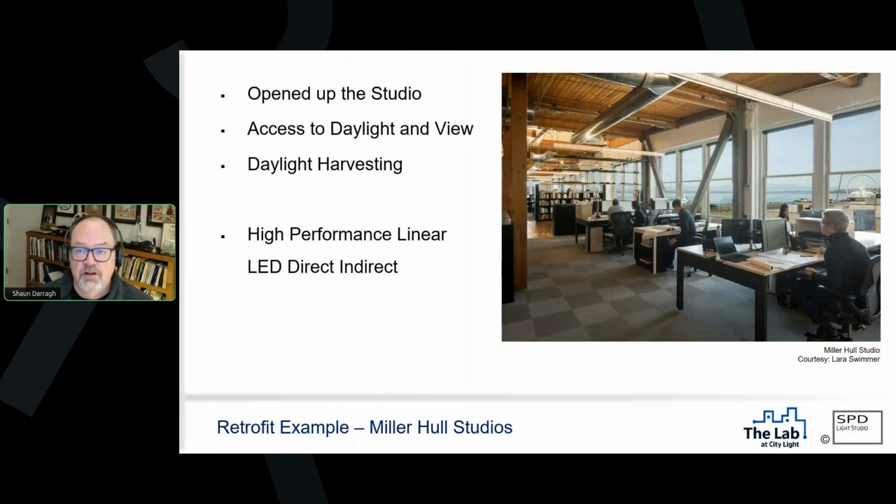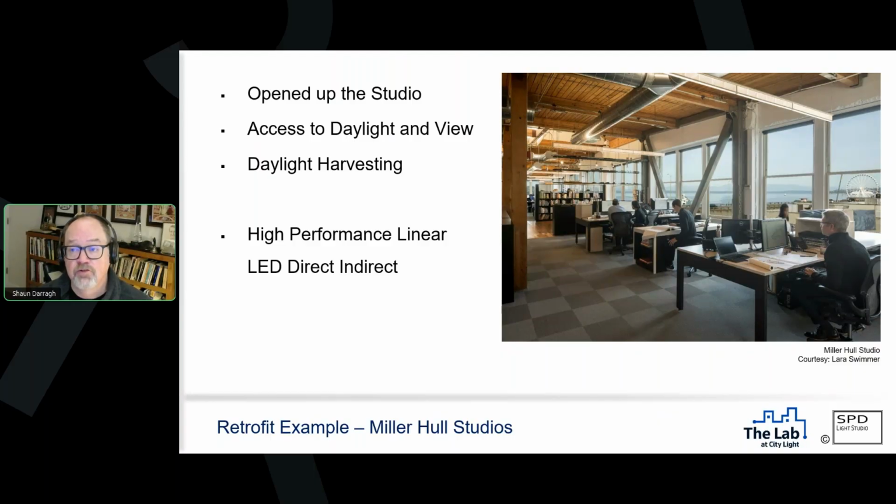So when we did the retrofit, we opened it up. We made sure that we all had access to daylight and view, right? Again, brought daylight in as best we could. We couldn't, of course, increase the floor-to-floor height, but it's already fairly generous, right? We changed it to high-performance indirect-direct LED luminaires and added lighting controls so that they would dim when there was abundant daylight available.